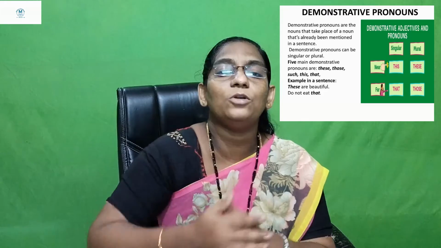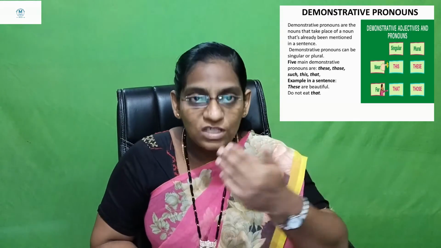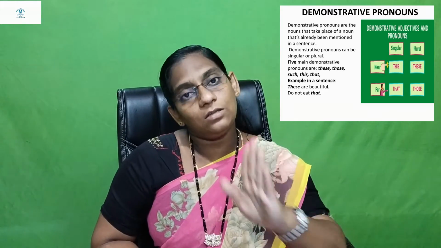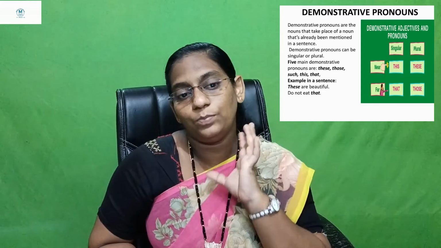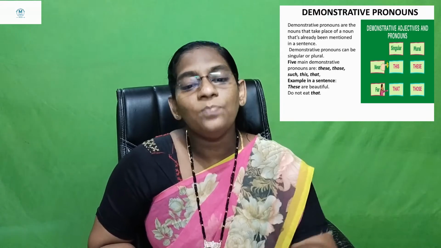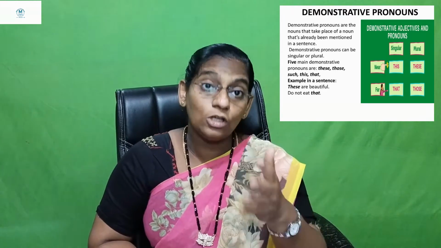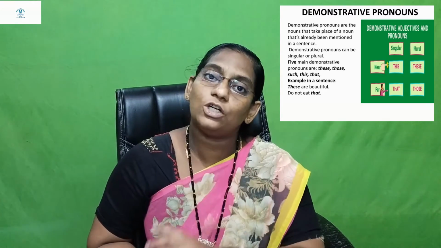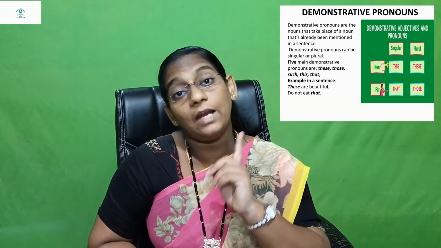So for something far from you, you say those are, and for something near to you, these are. For plural demonstrative pronouns you use these and those, and for singular demonstrative pronouns you use this and that.